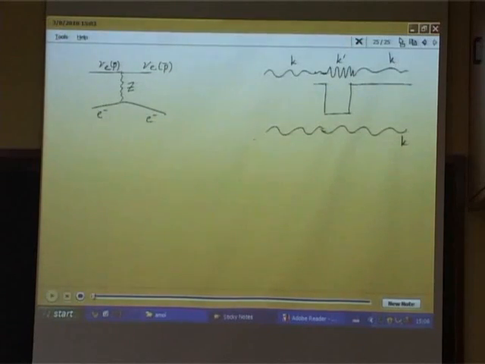Therefore, if I calculate the change in phase by using only this part, let me call this phi 1, and if I calculate the change in phase when I have some potential in the field, let me call it phi 2, phi 1 and phi 2 will be different. It is in this sense that a potential felt by a particle can change its phase.